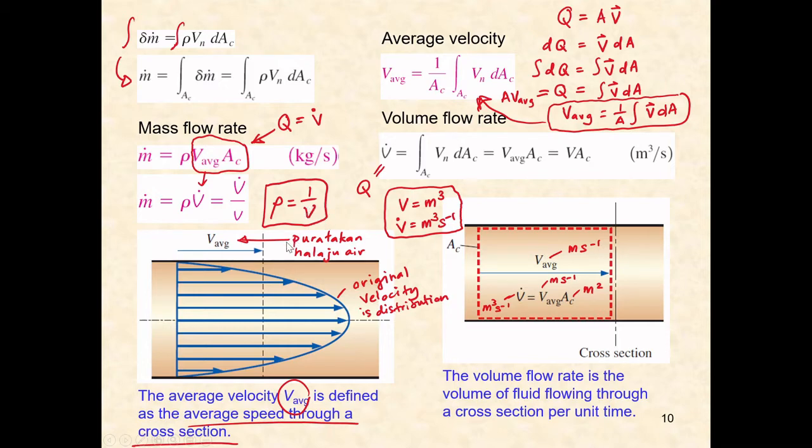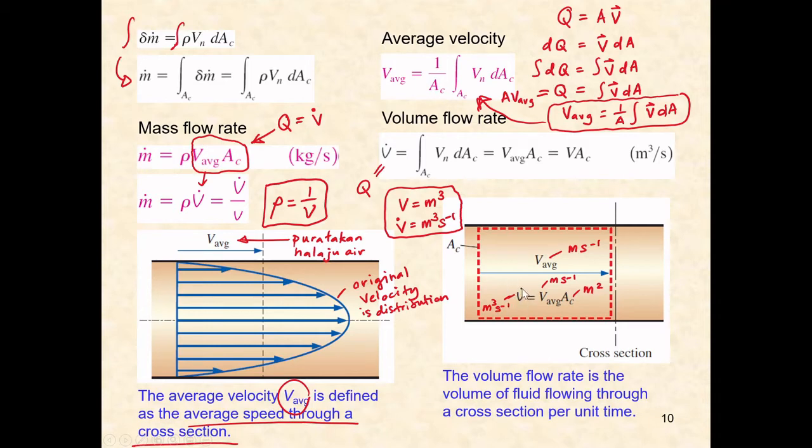I hope you don't get confused with so many Vs here. The V average is in meters per second, referring to the average velocity. The average velocity multiplied with the area gives the volumetric flow rate.